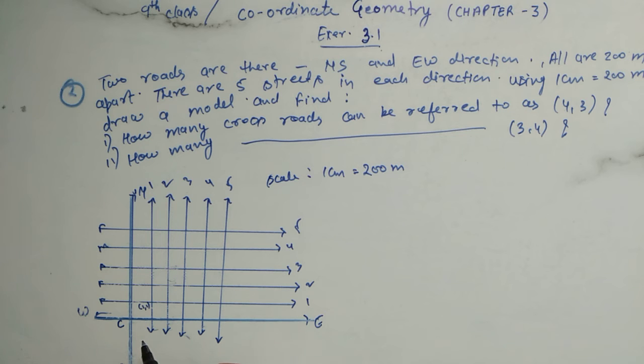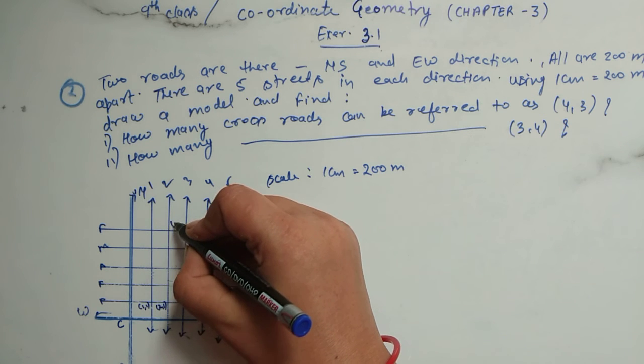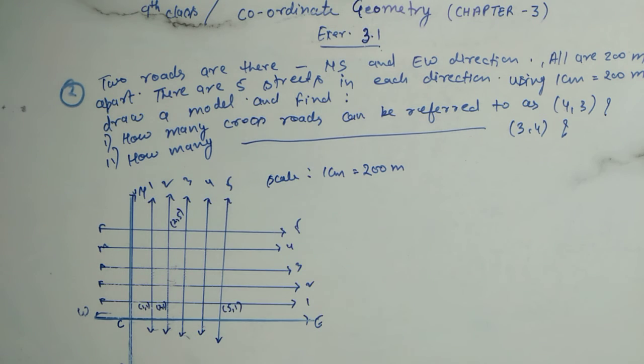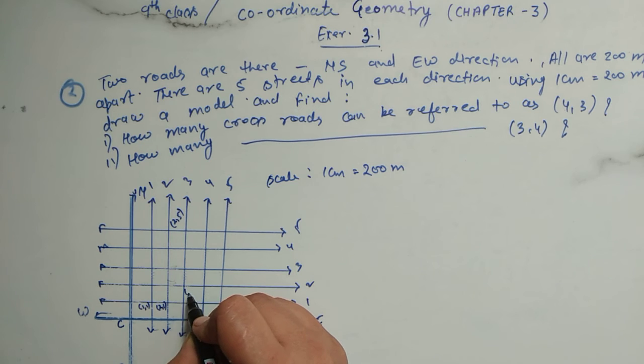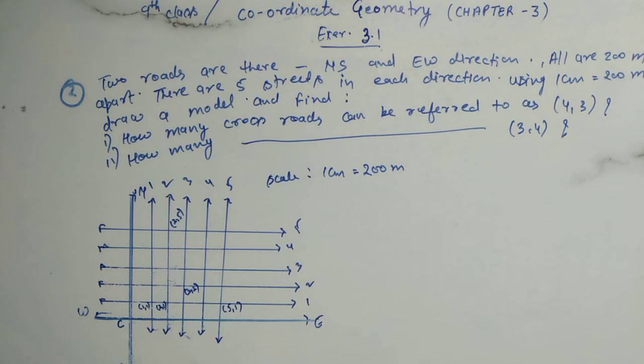This one is street 2 and 1, and this one is street 5 and 1. If we go toward the upper position, for example this is street 2, in this position it is 2, 5. If you go to street 3, then it is 3, 2. These are the different positions.